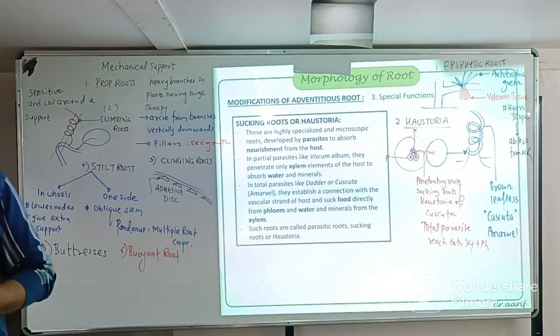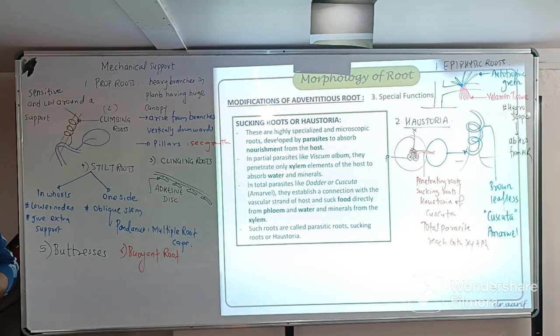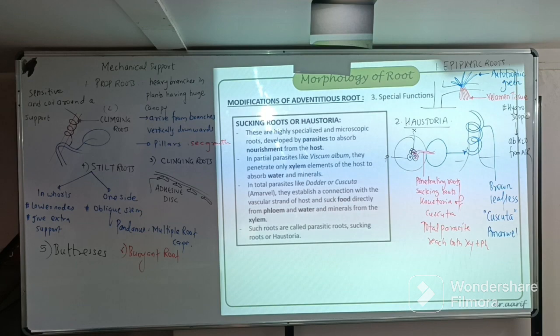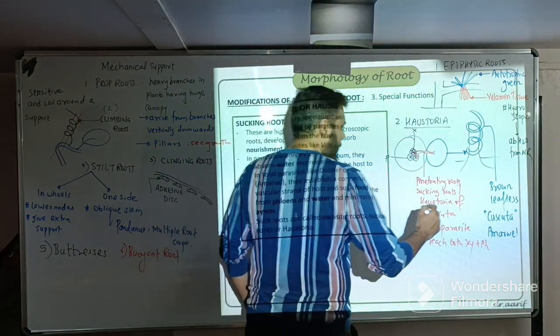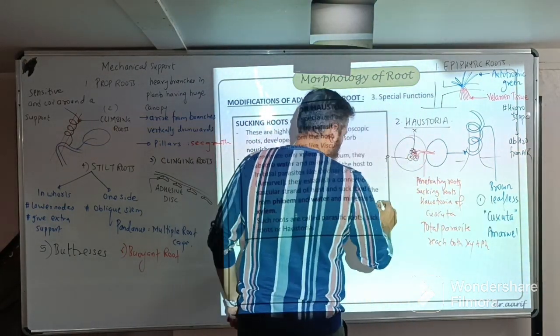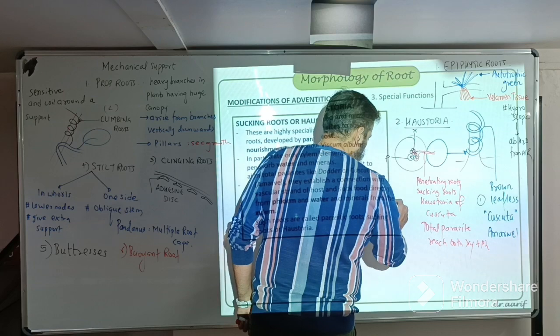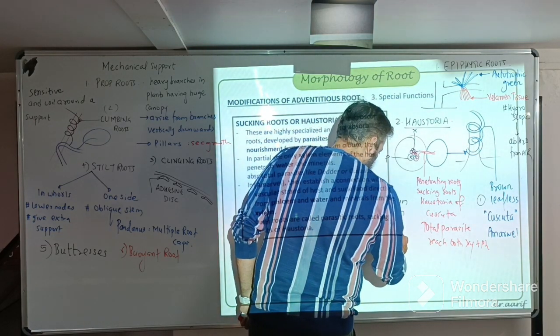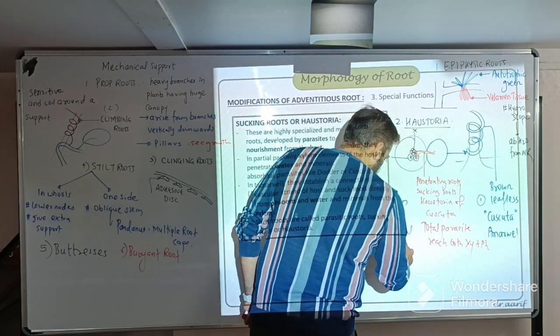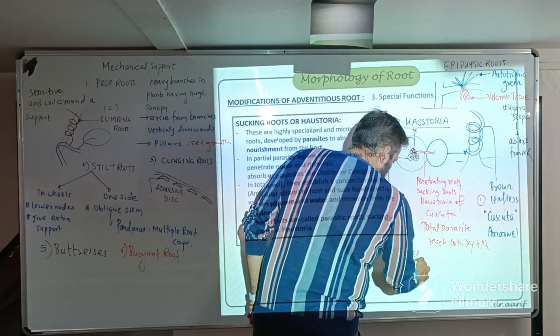But in the case of the other example that I have given you, Viscum album, which example is it? In the case of Viscum album, I have mentioned it as which parasite? Partial parasite, because the haustoria reach only the xylem.